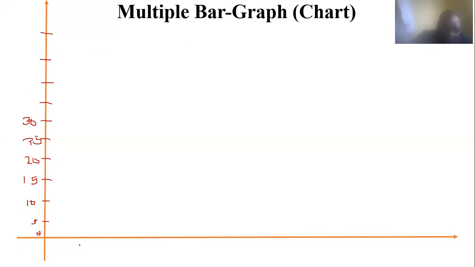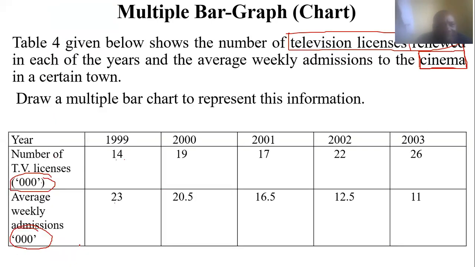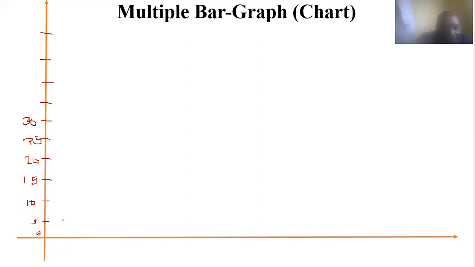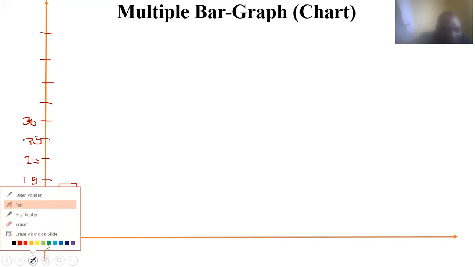So we look at 1999. What were we having? We were having 14 licenses for TVs. So we have 14 somewhere there, closer to 15. We draw the first bar there. But now we want to represent the next value with a different color.